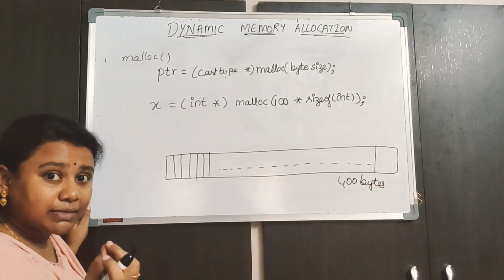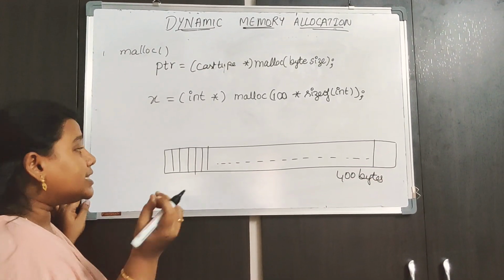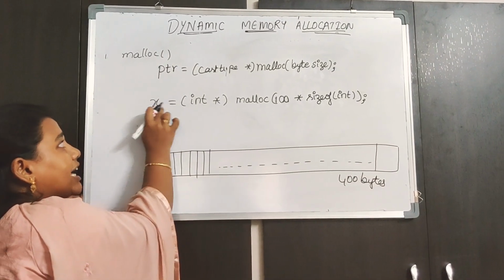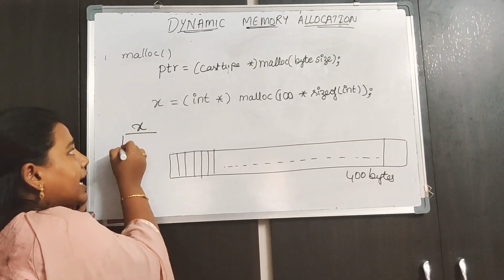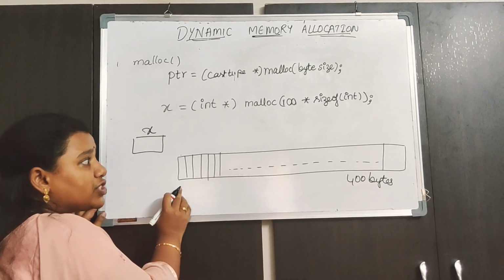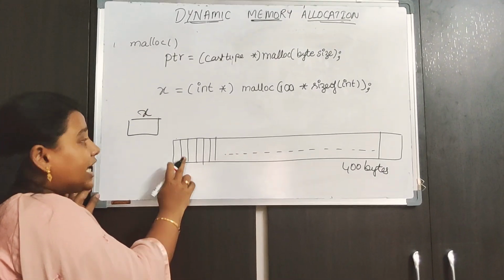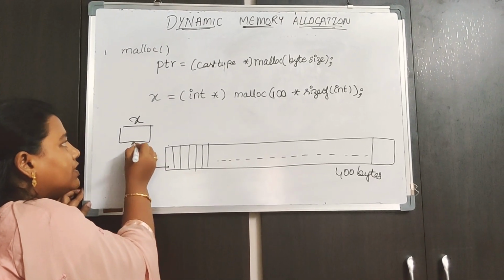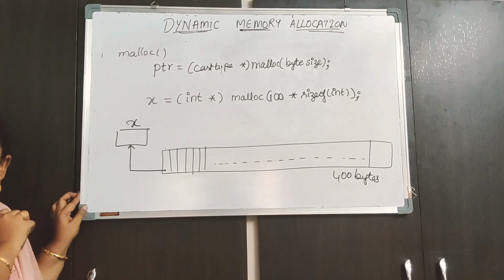Since this is memory, what should we do? Memory can always be stored in a pointer, and I am naming that pointer x. After allocating the memory, the malloc function gives the memory address of the first element and stores it in the pointer x.